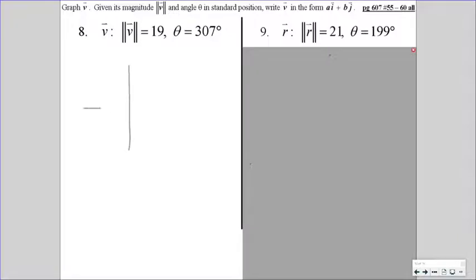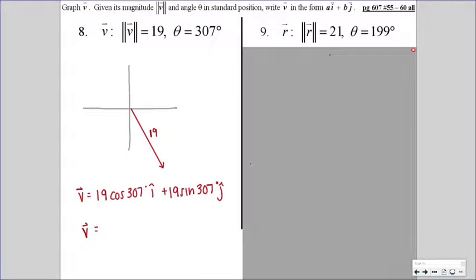Let's sketch this vector and then find its horizontal and vertical components here. So 307 degrees is sitting in the 4th quadrant somewhere. And this vector has a magnitude of 19. Well, we have a really quick way to get this into horizontal and vertical components. That is going to be 19 times the cosine of 307 i hat plus 19 times the sine of 307 j hat.